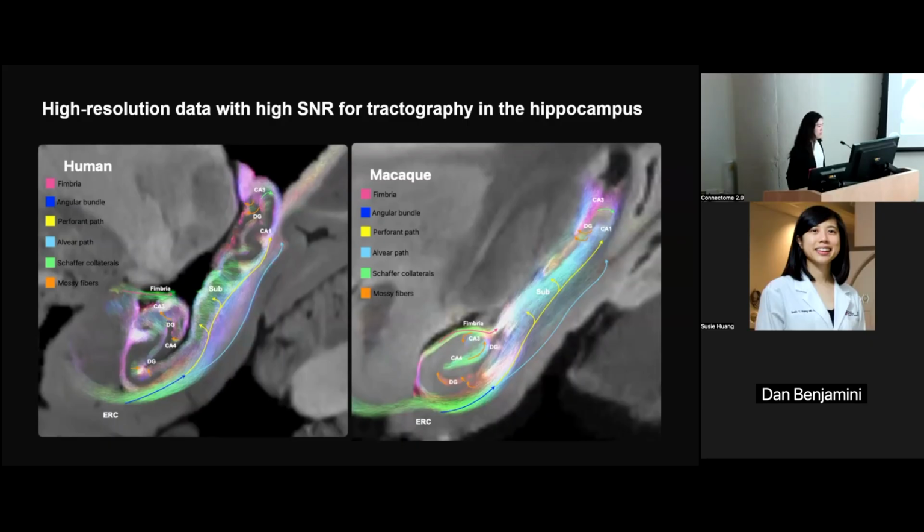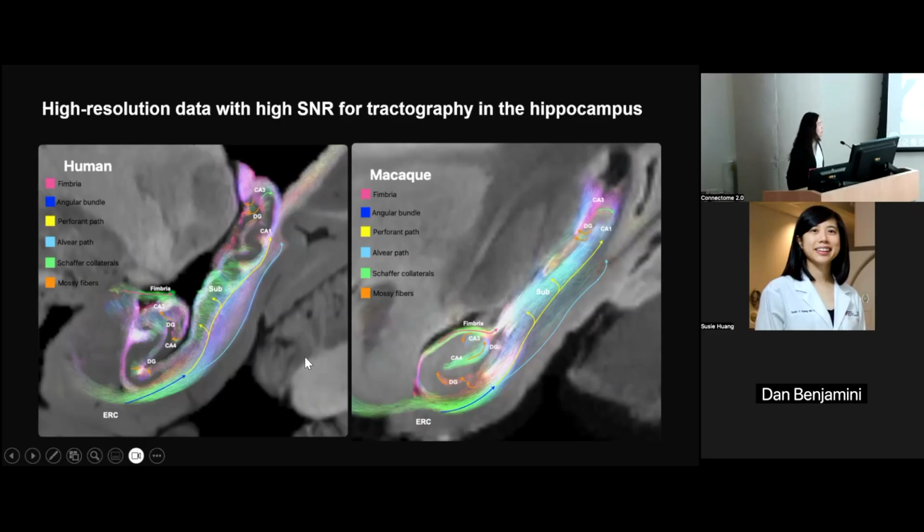With our high resolution data, we are able to track the major pathways projecting from the entorhinal cortex to the subiculum and to the dentate gyrus, as well as the smaller mossy fibers connecting the dentate gyrus and the CA3, and also the Schaffer collaterals from CA3 to CA1, in both human and macaque.